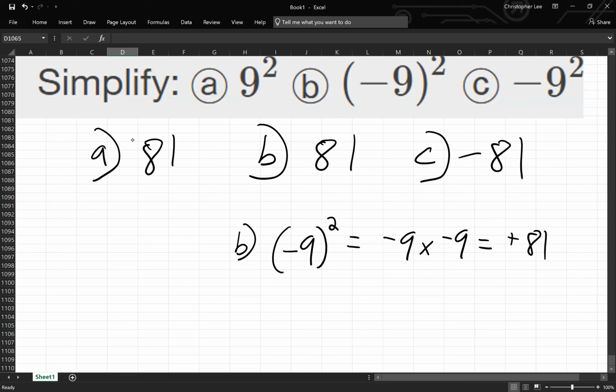But for C, C means negative 1 times 9 times 9, which is a negative 81. Right? The parentheses thing matters. That's what it is. Should be -1.